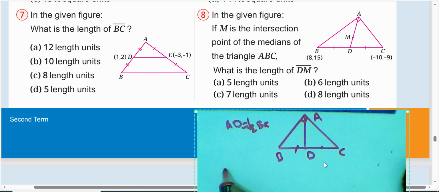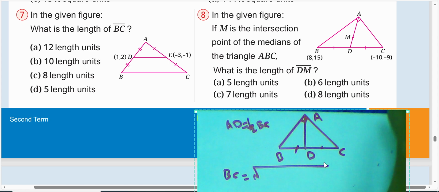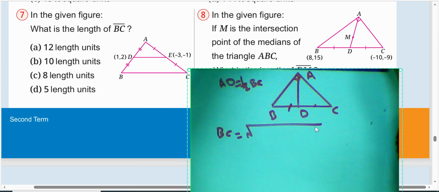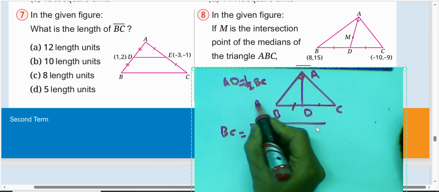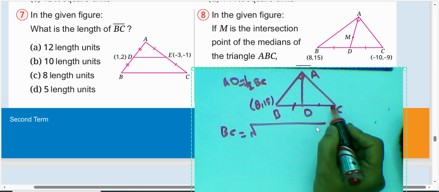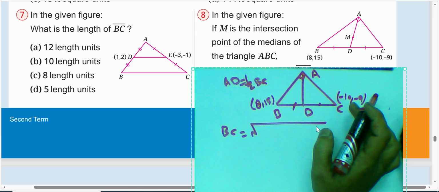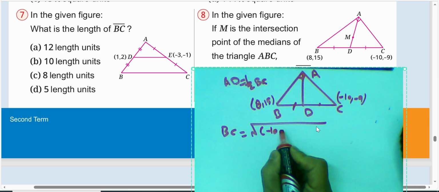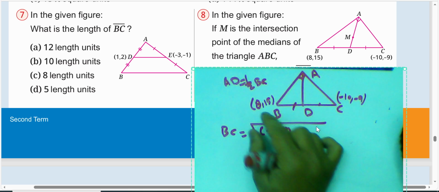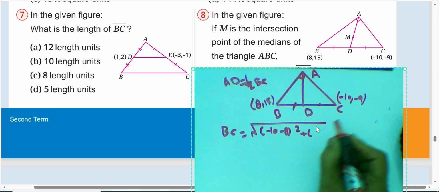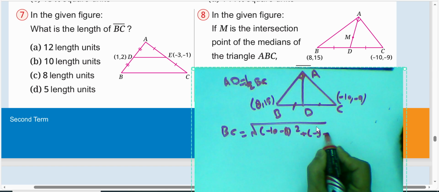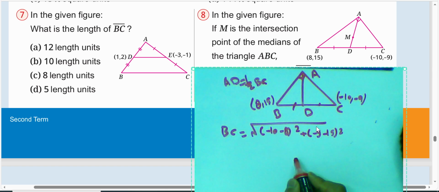We can find the length of BC. B was 5 and 15, and point C was -10 and -9. BC equals square root of -10 minus 5, that is -15 power 2, plus -9 minus 15 power 2.